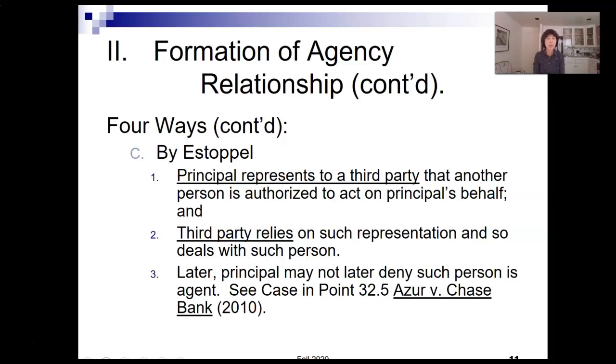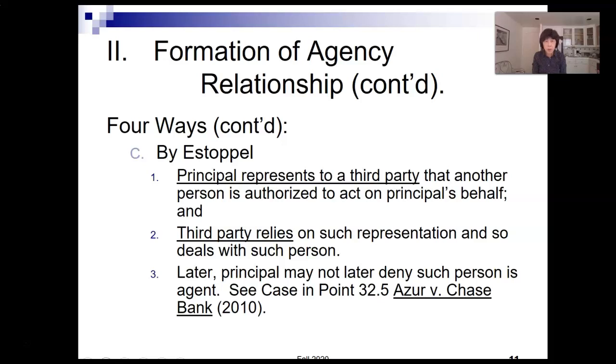He indicates to a third party that a person is acting as his or her agent and has authority to act on behalf of the principal. The third party relies on such statement or such representation, and the so-called principal cannot later deny that agency.